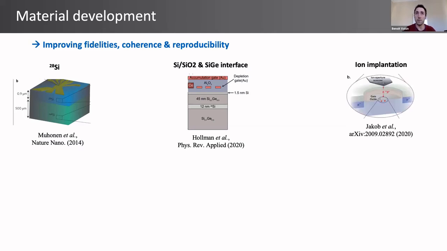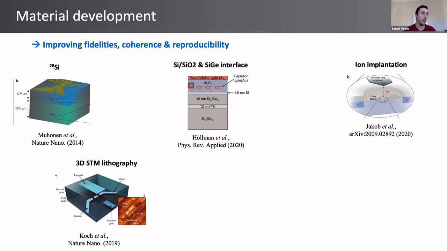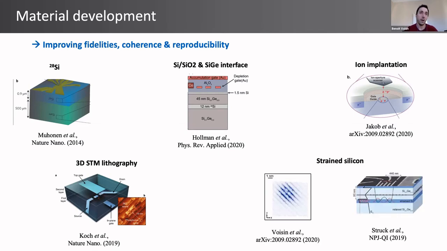There's also been tremendous progress in the ion implantation work to make this implantation more and more accurate and reproducible. In terms of lithography, there has been work to implement dopant devices using 3D STM lithography, which is also very important. And there is some material development around using strained silicon, both for dopants and for silicon germanium heterostructure.